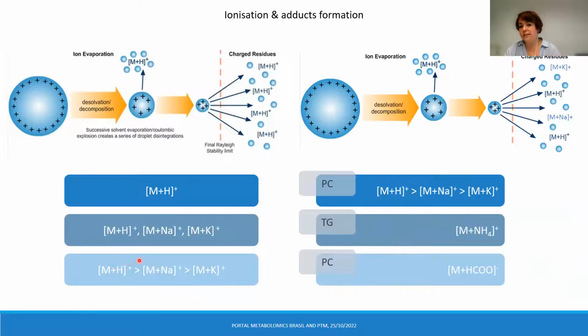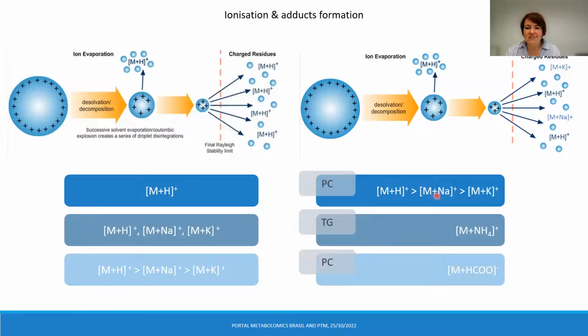And for different classes of lipids, this is particularly important, we can use this information about different ion formation for annotation purposes. For example, phosphatidylcholines can be ionized by protonation, and that will be the main ion that they form, but they can also be ionized with sodium.